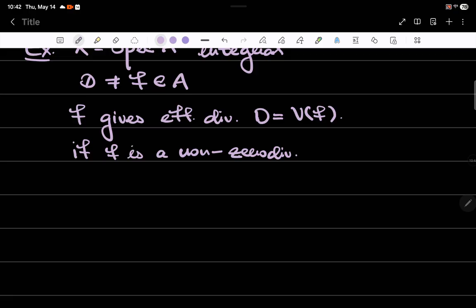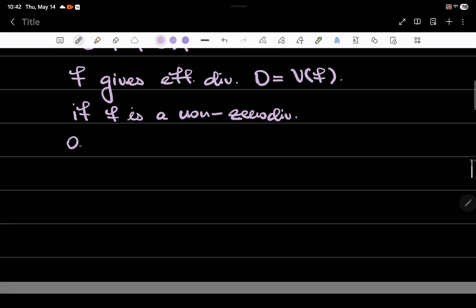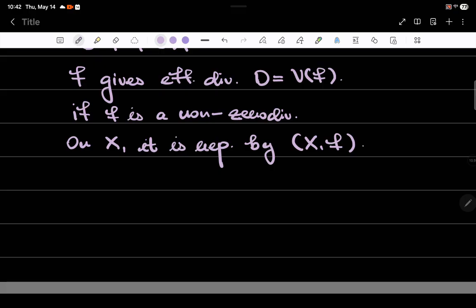And why is that? Well, on X, it is represented by the pair (X, f). So on an affine integral variety, one non-zero regular function cuts out a Cartier divisor.